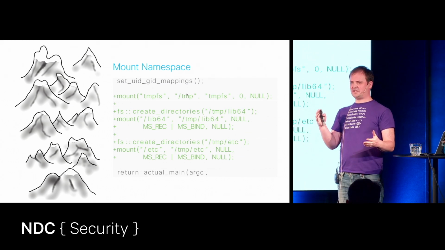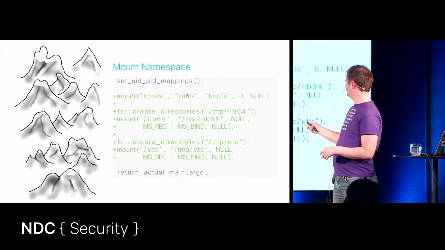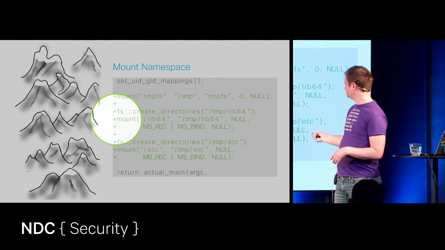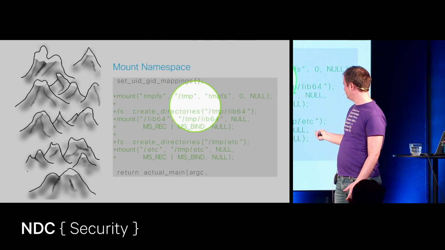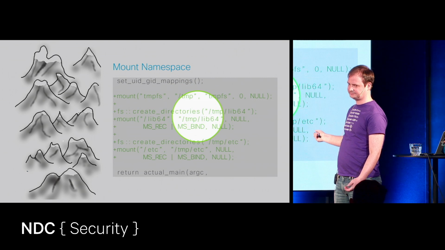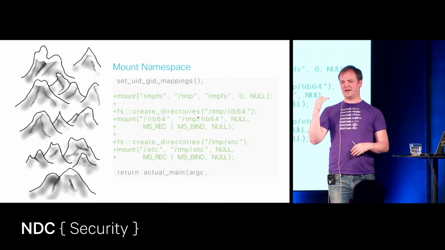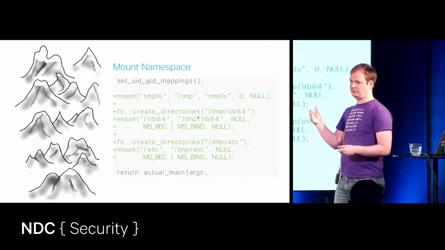To bring stuff over from your old mount file system to your new one, you create a directory or a file. You can do this with files as well. And then you do a bind mount from the old lib64 to my new root file system's temp lib64. This makes a copy of the mount point that is now pointing into something inside of what your new root file system is.